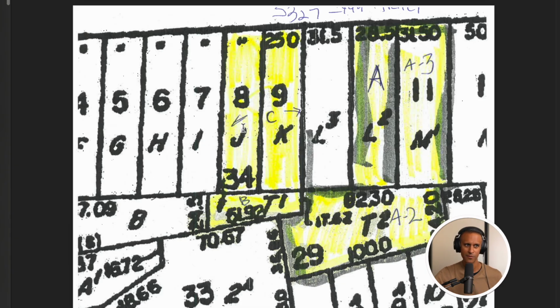So the neighbor has a special egress easement or a driveway easement or a utility easement, all of the stuff that's not zoning, but that can end up affecting your building. And then in the end, to me, it affects the land value. If you can't build on a particular part of the land, it affects the land value.